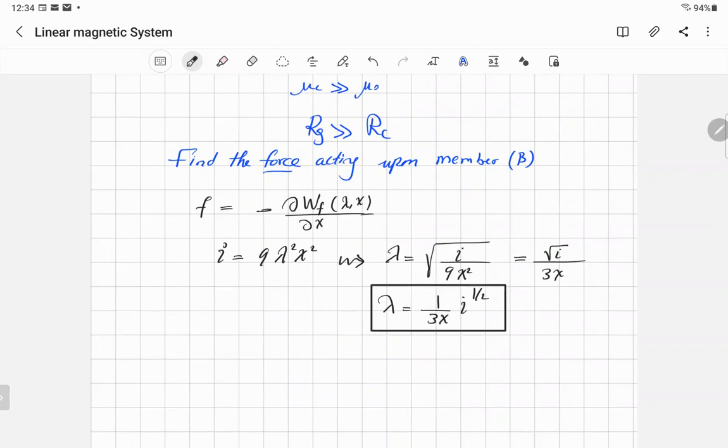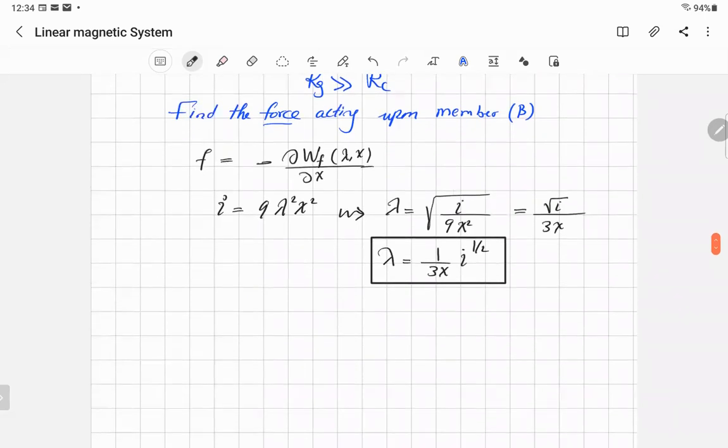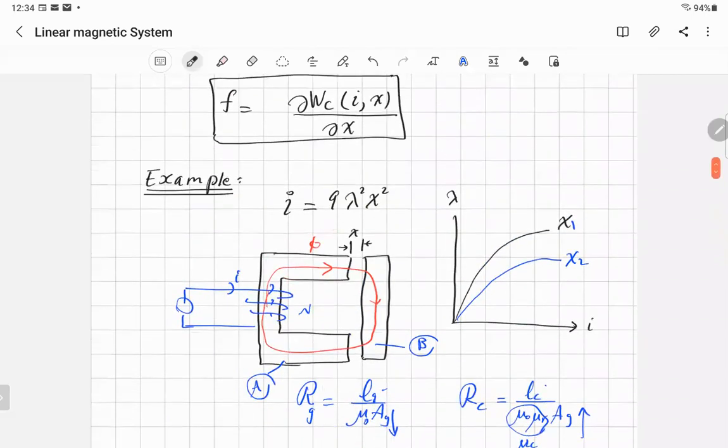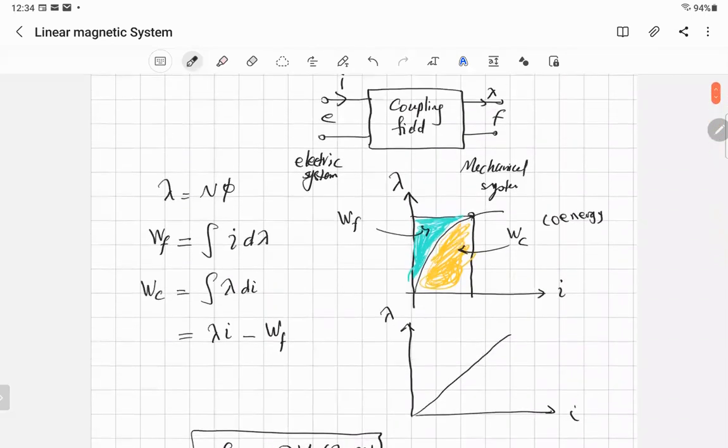Okay. According to the formula I'm going to use, I need to find WF, the stored energy. How can you find the stored energy? Let me review with you. To find the stored energy WF, you just have to do the integration of I with respect to d lambda. That's what I'm going to do.